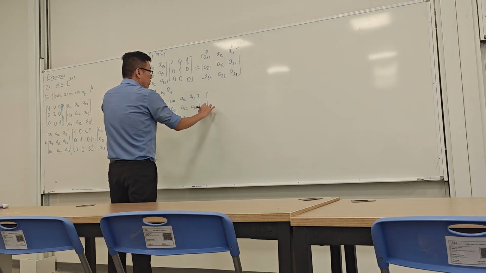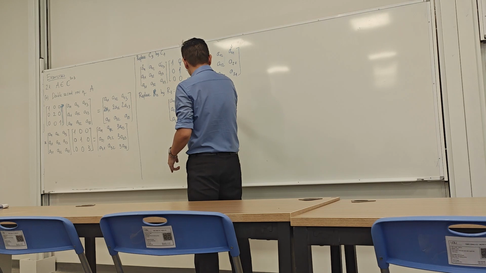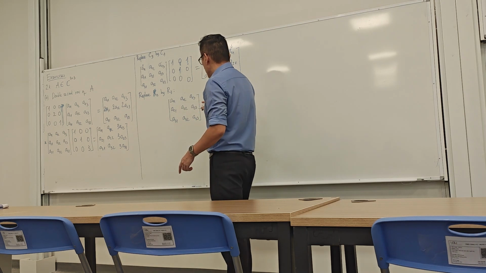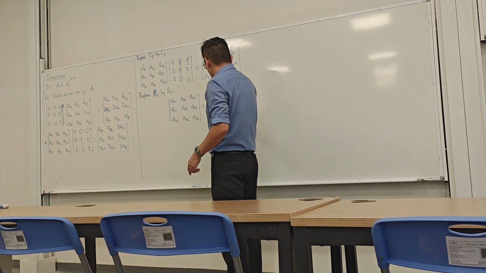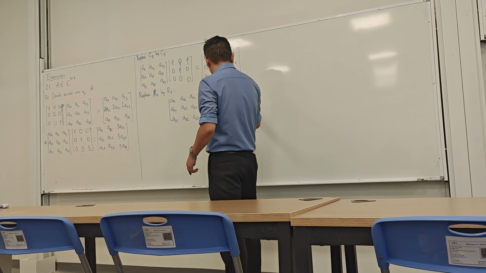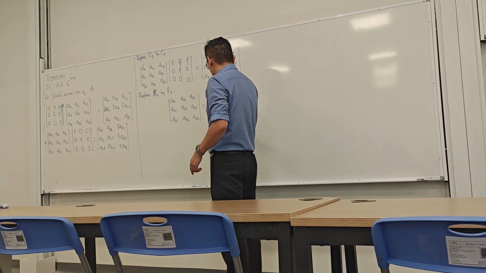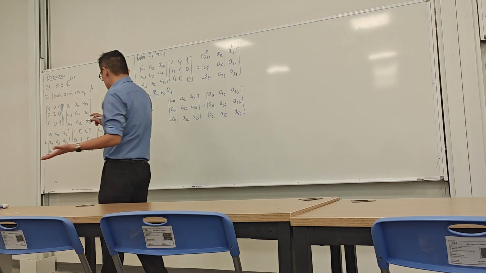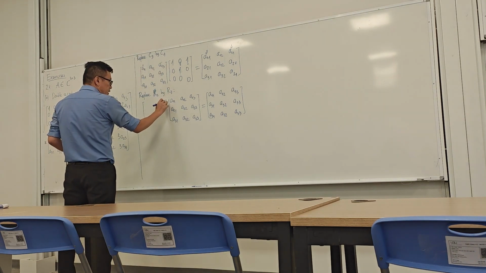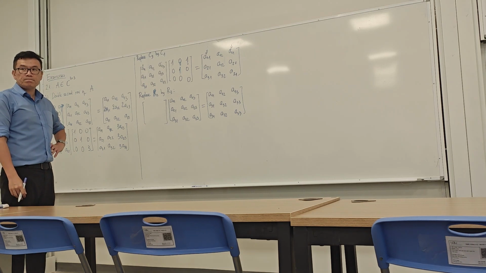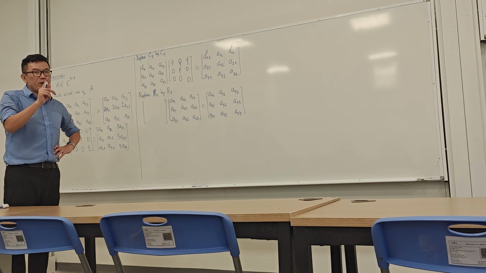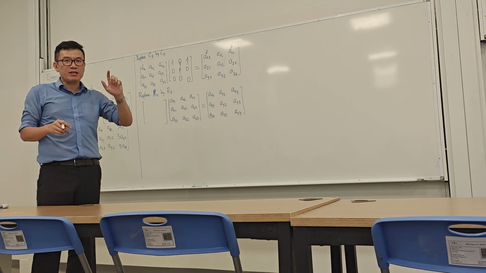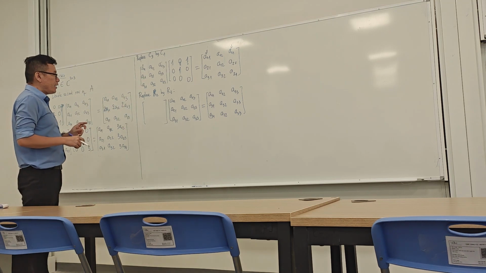Now I want row 2 replaced by row 3, so I keep the first row A11, A12, A13, and then I want A31, A32, A33, A31, A32, A33. Because this is a row, I multiply some matrix on the left. If you change something with rows, you multiply a matrix on the left; if you change something with columns, you multiply a matrix on the right. Keep that in mind.